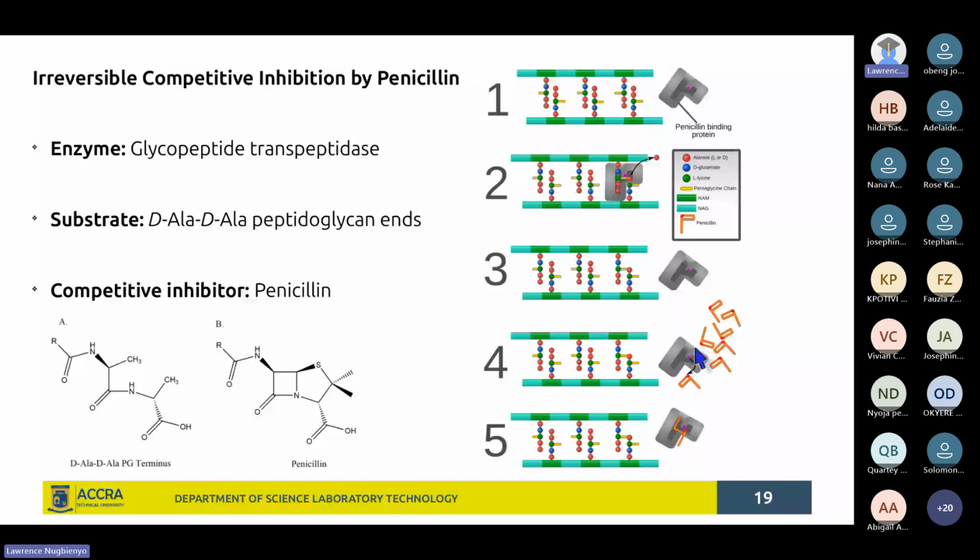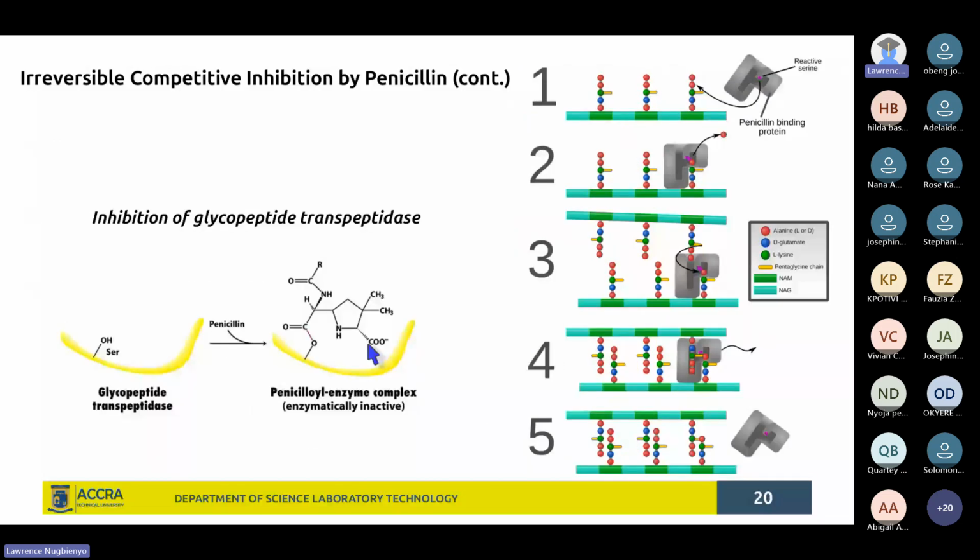Okay, so that said, we can even take a look at it much more this way. The diagram is just a repetition from the previous slide, but here you see it much more simply: you have a glycopeptide transpeptidase with a serine residue, and the serine residue has a hydroxyl group in its side chain.